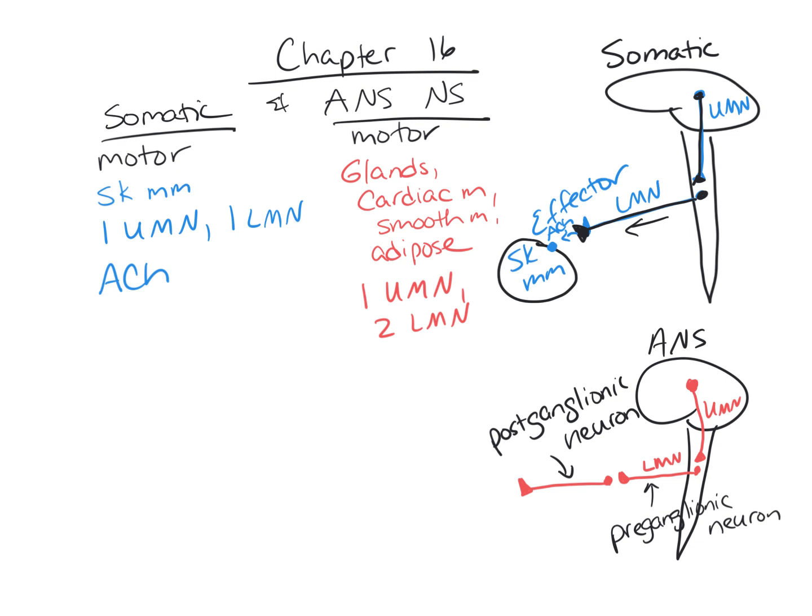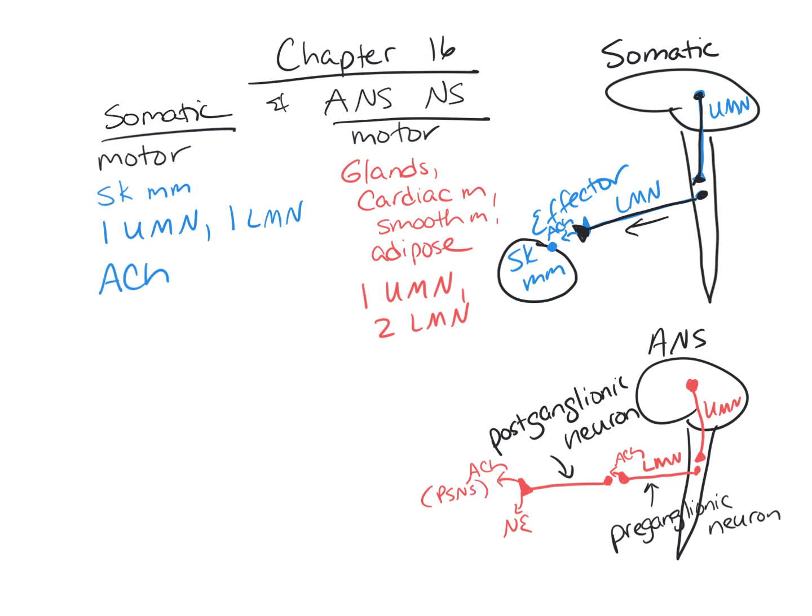In the autonomic nervous system, the preganglionic neuron releases ACH, and the postganglionic neuron will either release ACH or it will release norepinephrine. It releases ACH if it is part of the parasympathetic nervous system.